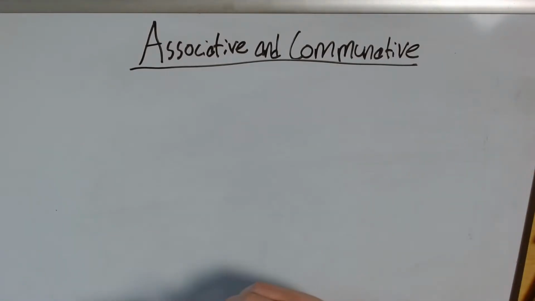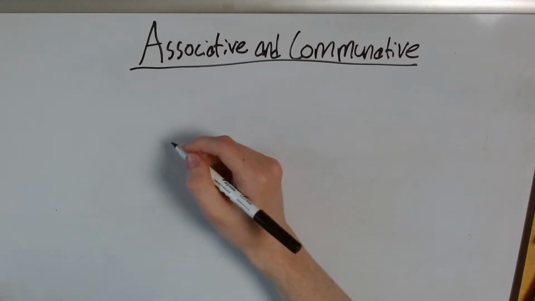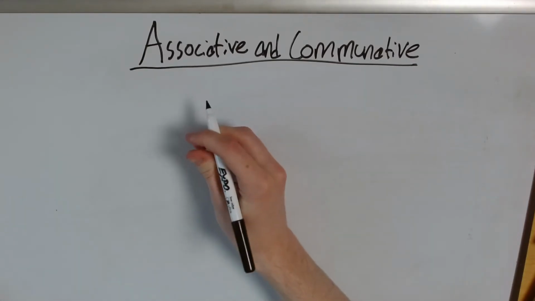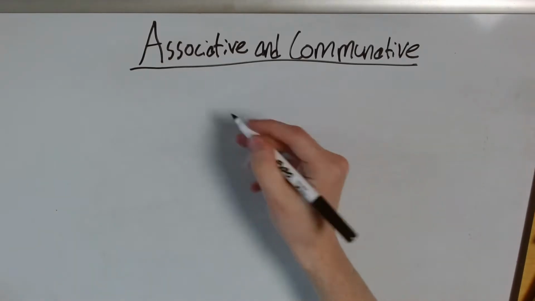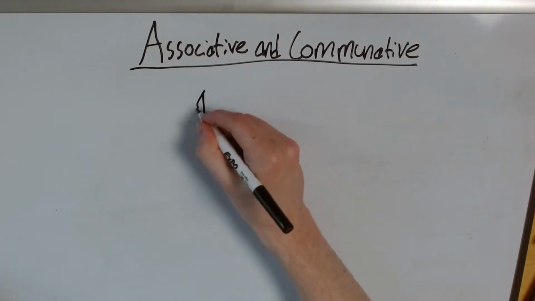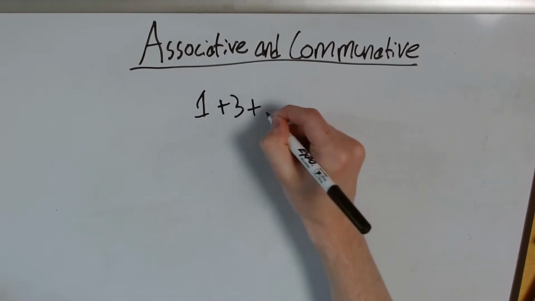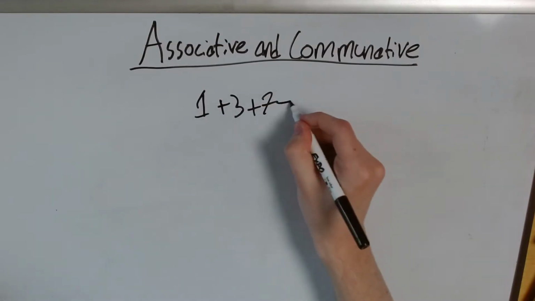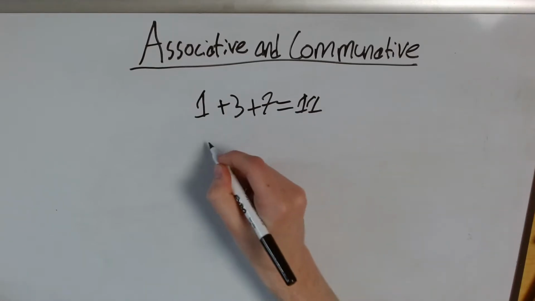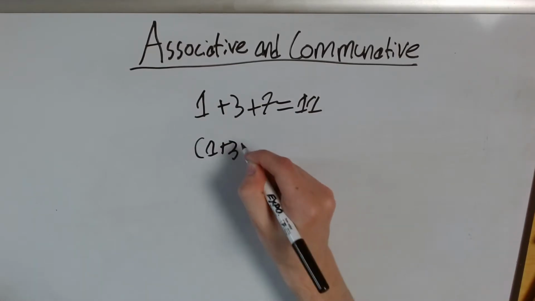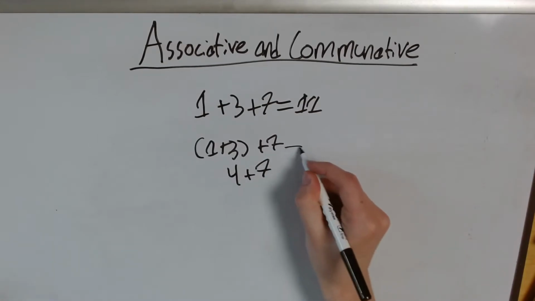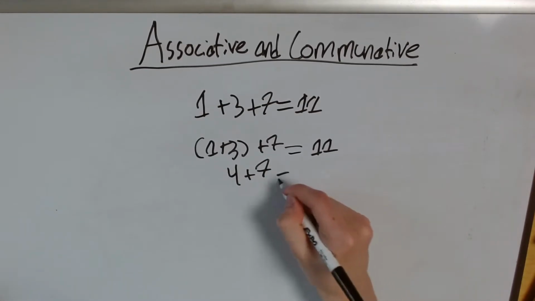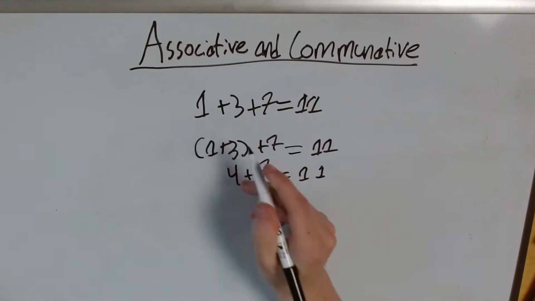The same thing holds for associative. Now, what is associative? Basically means you can feel free to group numbers together in a way that you'd like. So let's go back to our original example. 1 plus 3 plus 7. We could group our answers around as 1 plus 3 plus 7, which is actually 4 plus 7. We'd still get 11. We could also say, well, I want to group 1 and 7.